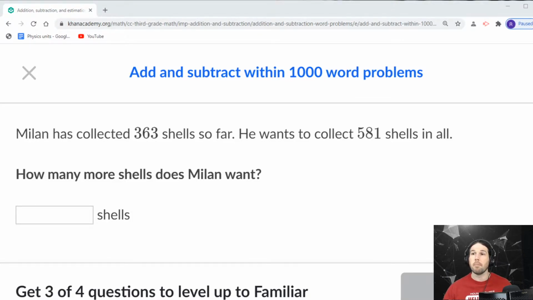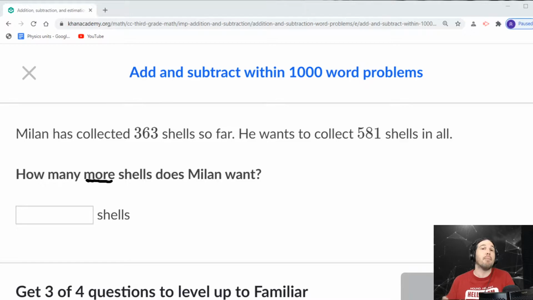And when you see the word more, this word right here, how many more shells? That word more often means adding. Right? If I eat 2 pieces of pizza and then I eat 3 more, that is an addition problem. However, the way the sentence is constructed is actually very similar to how an equation is constructed. But when they say how many more shells, that means that they want to know the leftover amount.